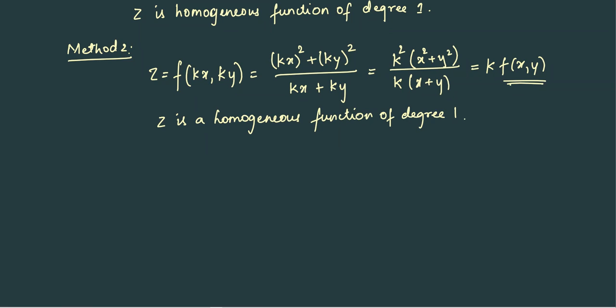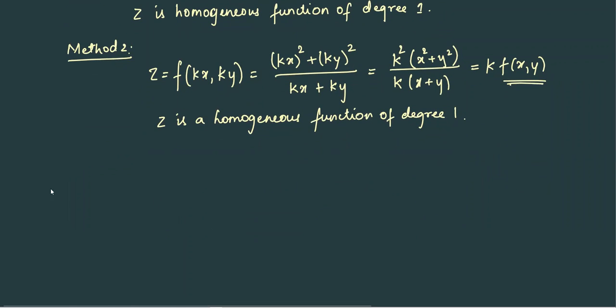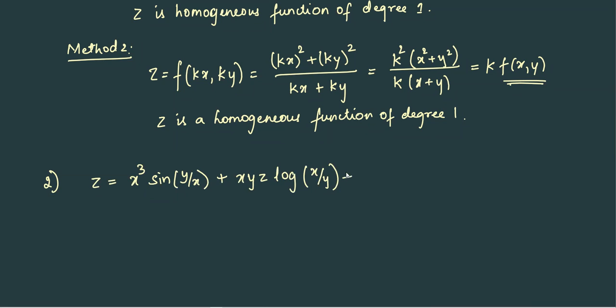So this is how we do it. Second example, we'll take z is x cube into sine of y upon x plus x y z log of x upon y plus z x z square tan inverse z upon y.